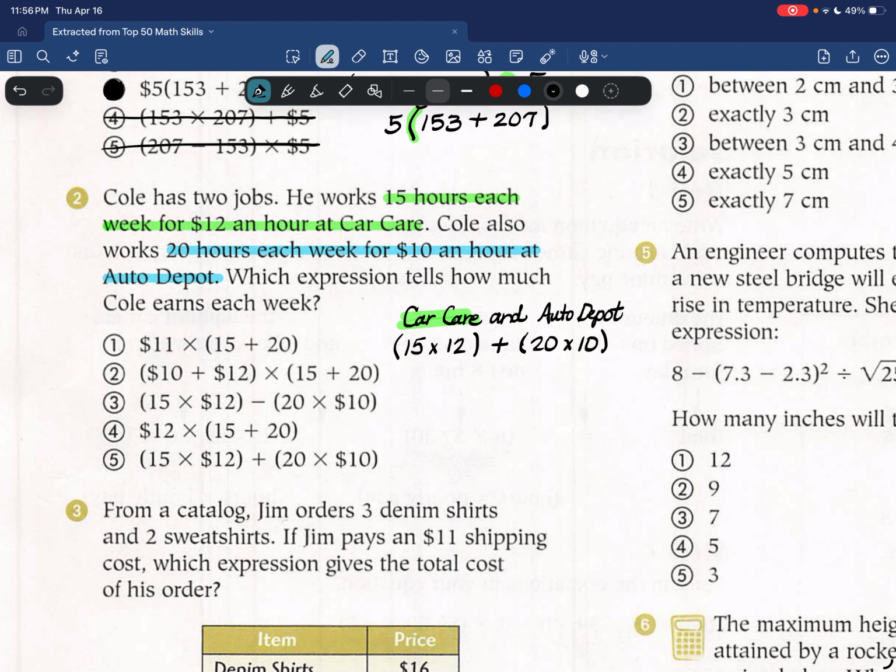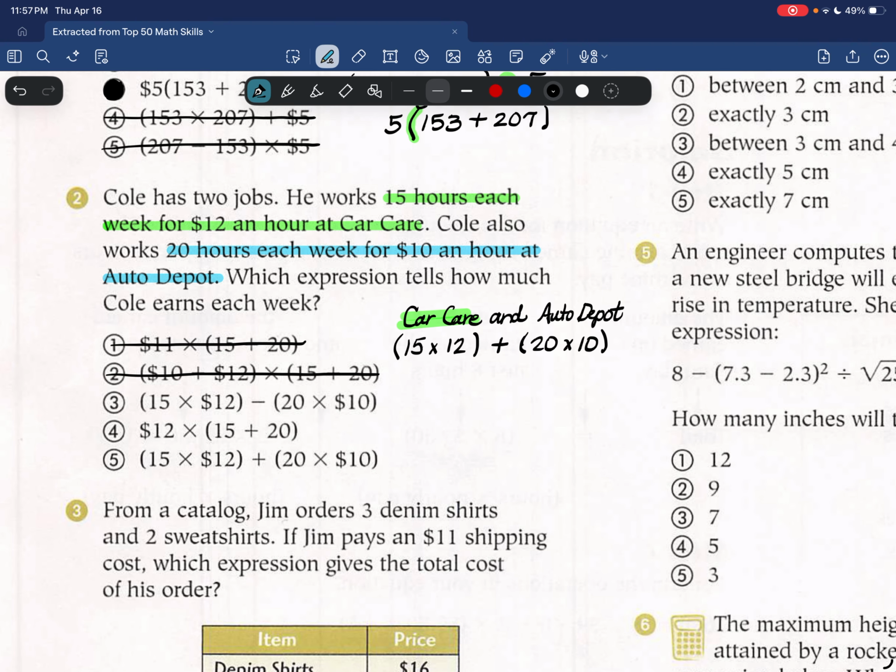So number 1 is not an option because nowhere does he make $11. Number 2, it's adding the $10 and the $12, which we don't want to do. Those go with 2 different jobs.